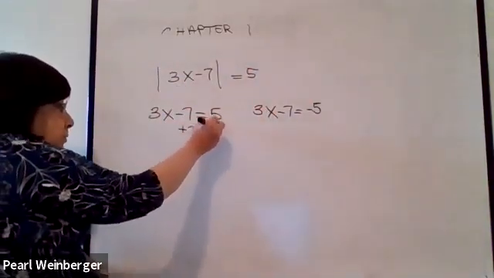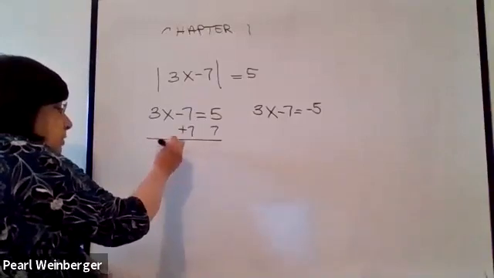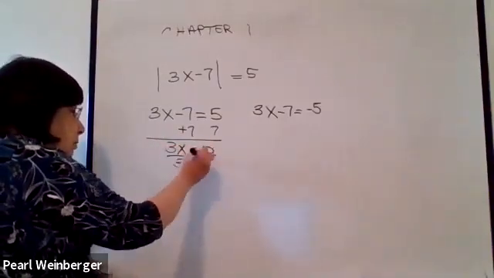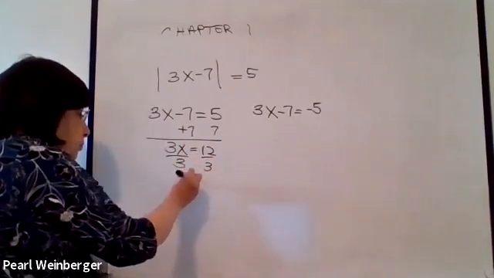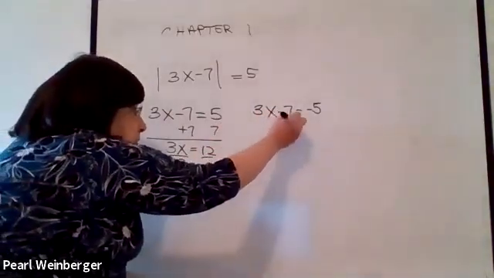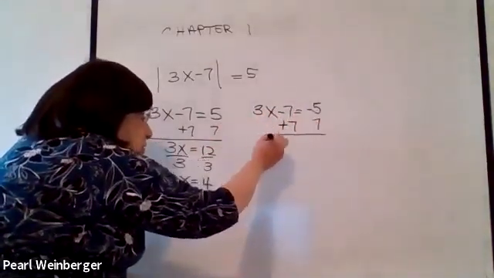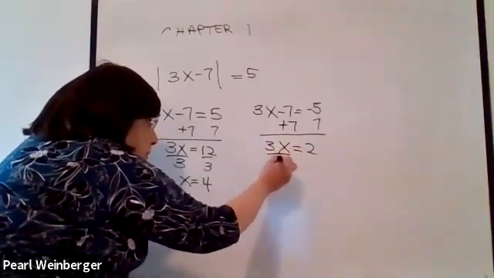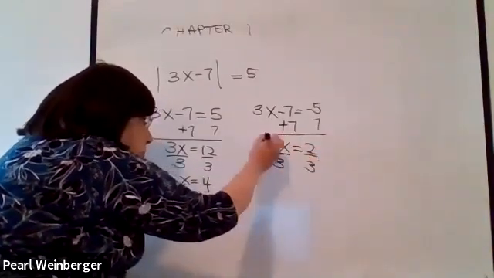We can just solve these equations. Here I add 7 to both sides, which gives me 3x equals 12. So x equals 4 is one answer. Then I add 7 to both sides over here, and I get 3x equals 2. And when I divide by 3, I get 2/3.